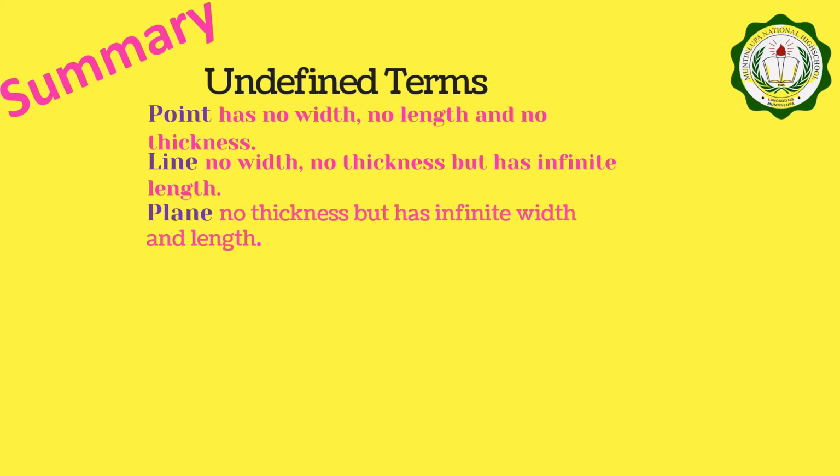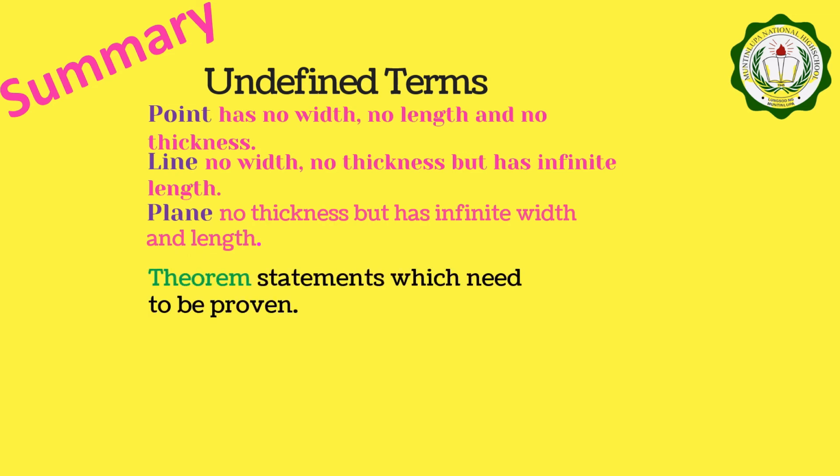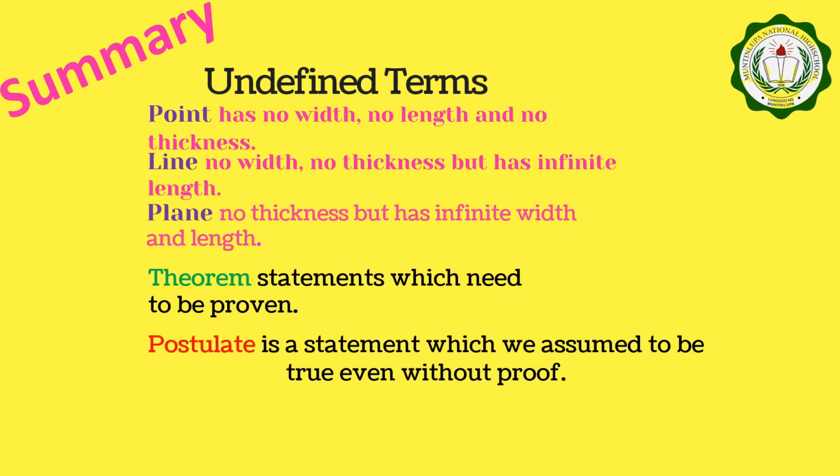A line has no width, no thickness, but has infinite length. And a plane has no thickness, but has infinite length. We have also differentiated postulate from theorem. A theorem is a statement which needs to be proven, while a postulate is a statement which we assume to be true even without proof.